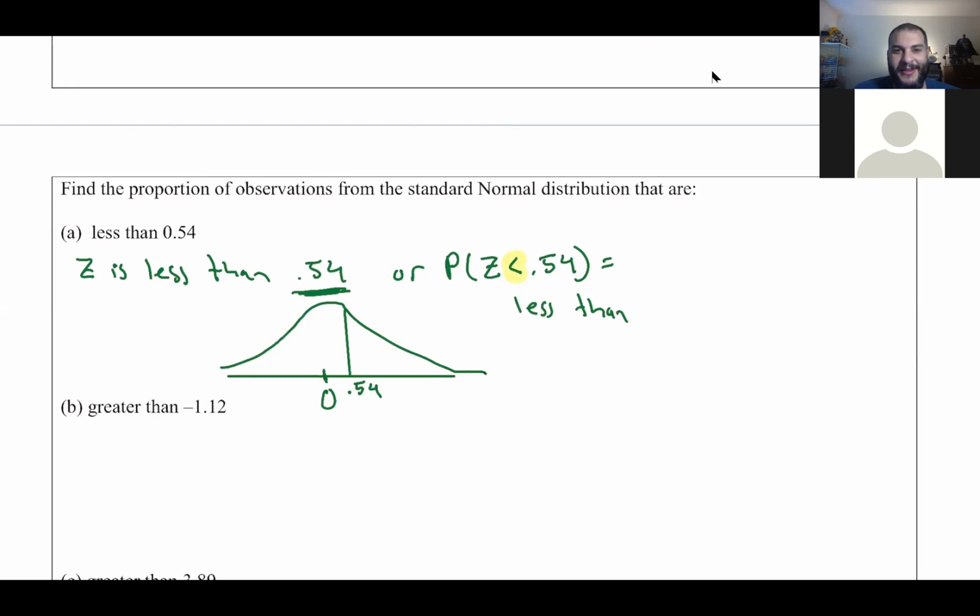Let's try that again. My bad, it's pointing to the left. Yeah, there you go. So it's telling you to shade the left-hand side.